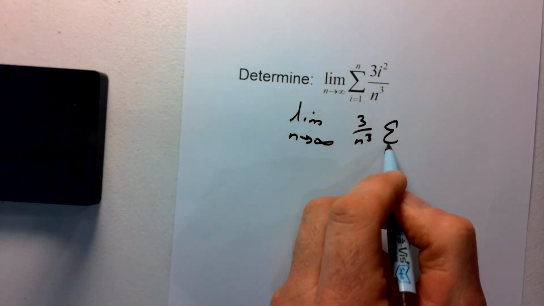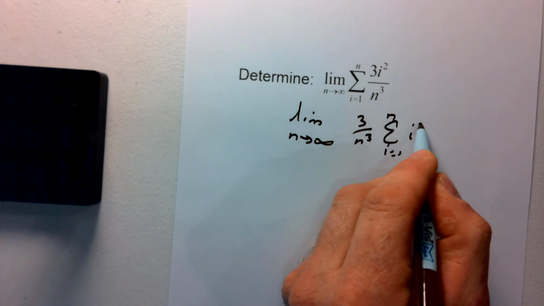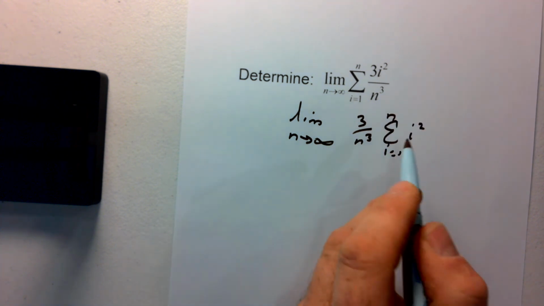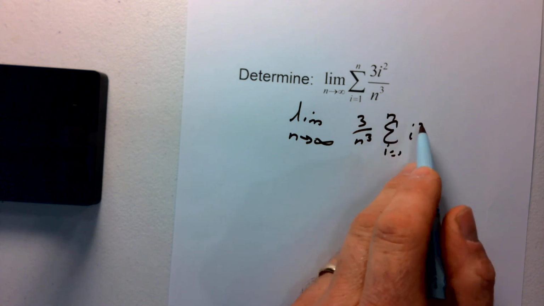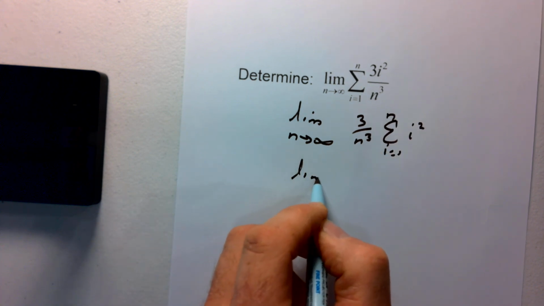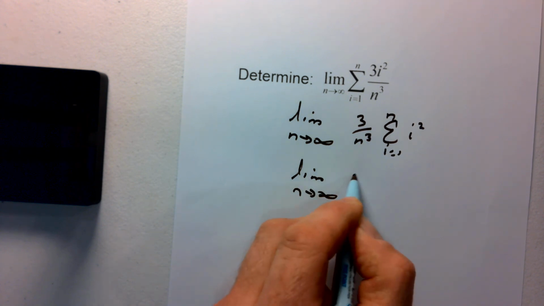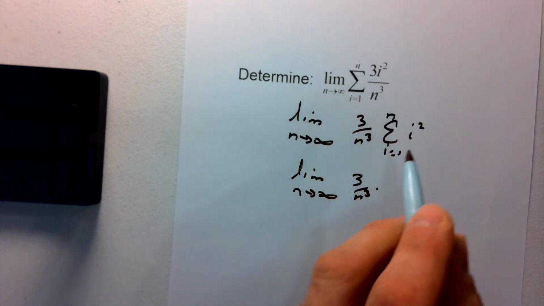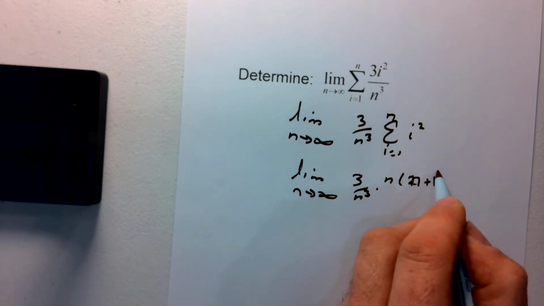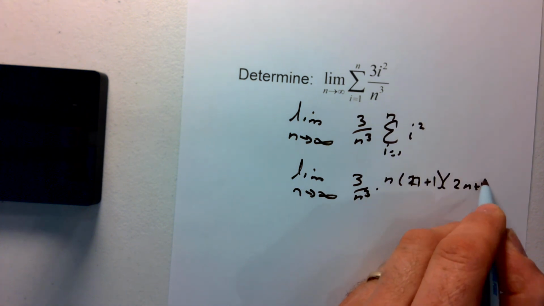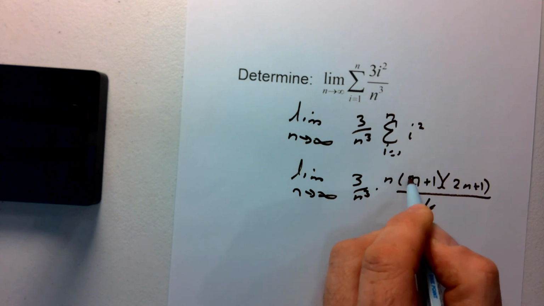That's times the summation from i equals 1 to n of i squared. I happen to know this summation as i goes from 1 to n of i squared, and that's going to give us 3 over n to the third times n times n plus 1 times 2n plus 1 over 6.